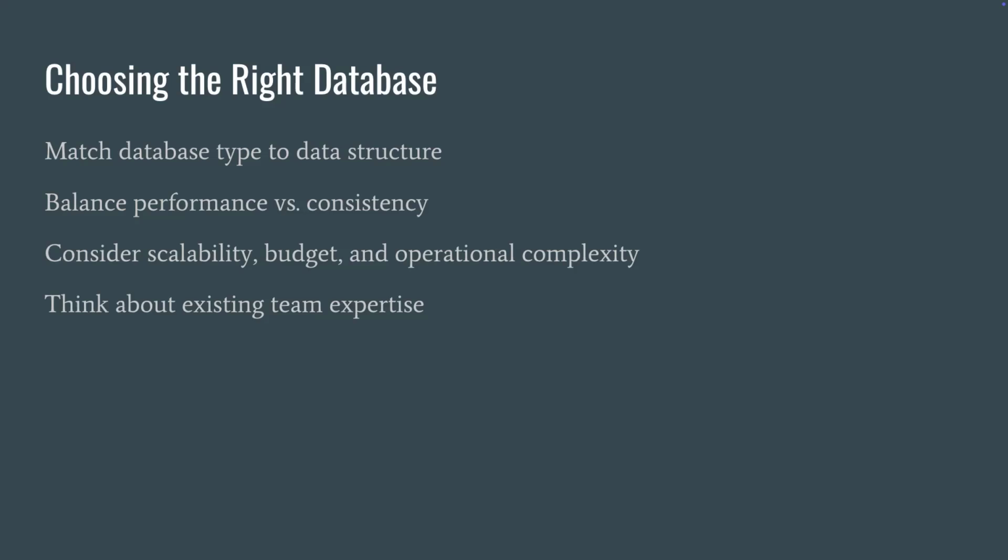After that, you want to consider the trade-offs around performance and consistency. Some of these systems sacrifice strong consistency guarantees to achieve better performance at scale, whereas others maintain strict ACID compliance even in distributed setups.